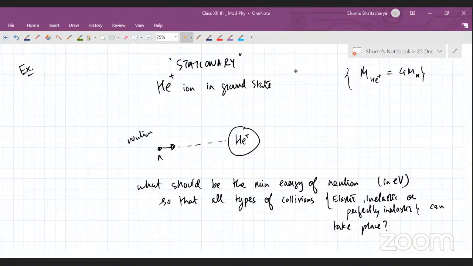Now we have to find the kinetic energy. The helium ion is initially at rest. Okay, Aditya, understood now?